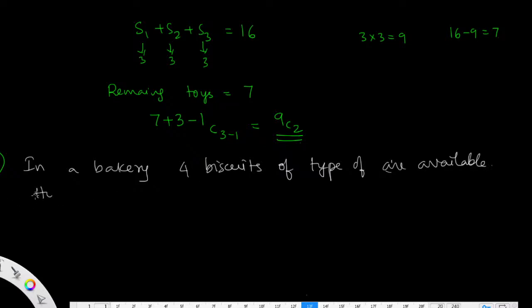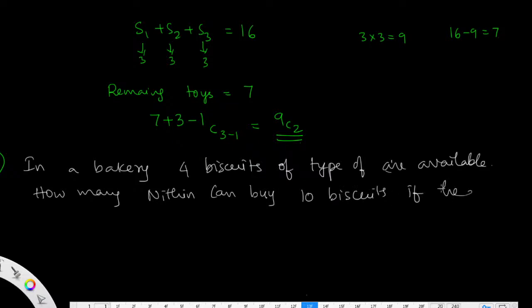How many ways Nitin can buy 10 biscuits if he decides to take at least one from each variety?